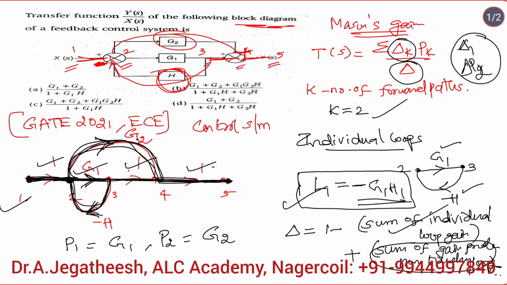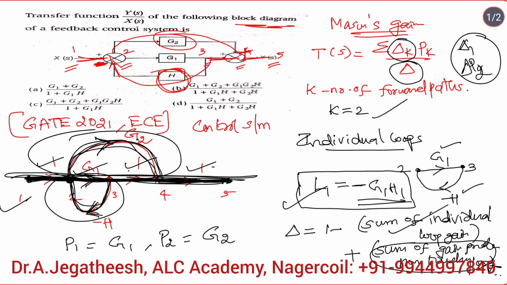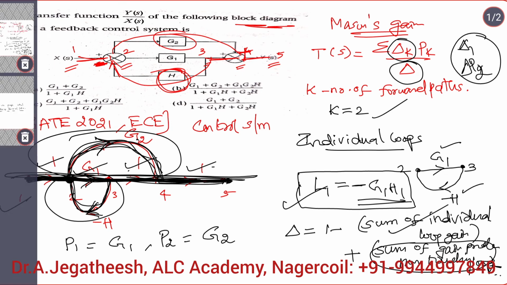Okay, I can see the first forward path here. I don't have any part which does not touch the first forward path, because all the parts are touching this forward path, this straight line. All the graphs are touching, or you can say all the loops are touching.